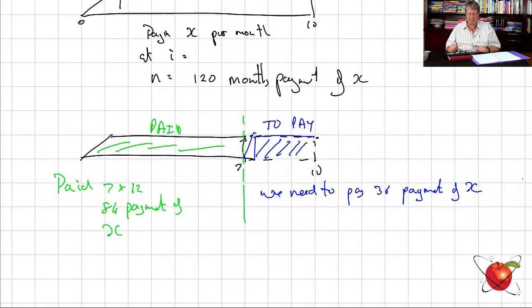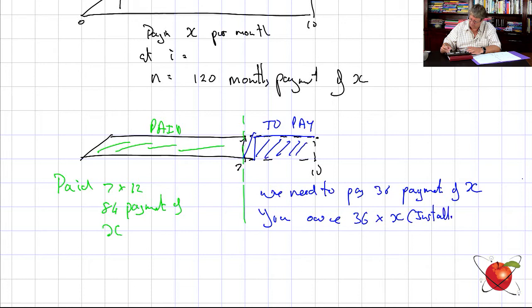Now I go to the bank and I say, how much do I owe you? The bank will turn around to me and they will say, you owe me this annuity. You owe 36 times X. That's my installment, isn't it? So much a month. I owe this. How do I get it? I say, okay, then what is the present value of that annuity?